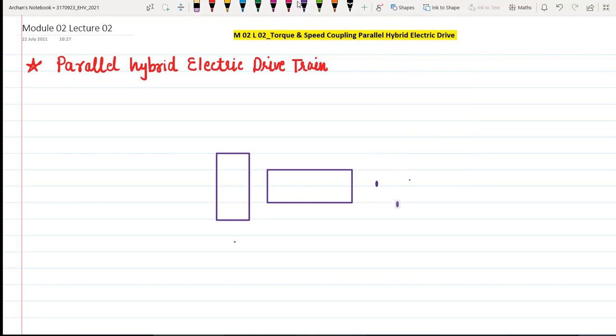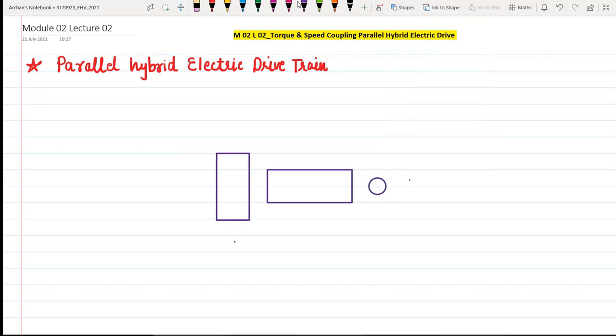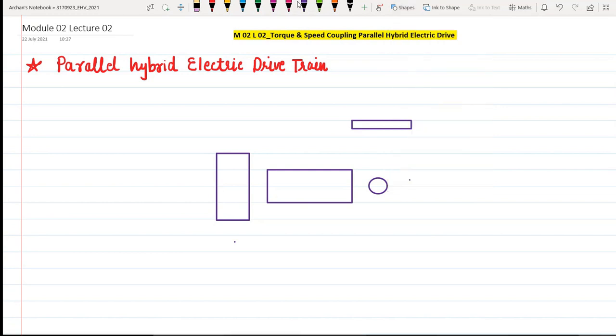Then there is one differential. Let us say these are the two different wheels of my vehicle.